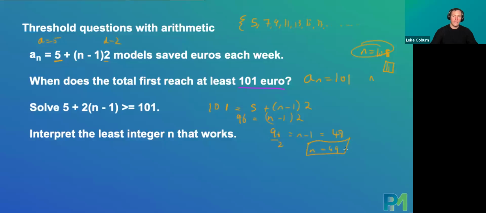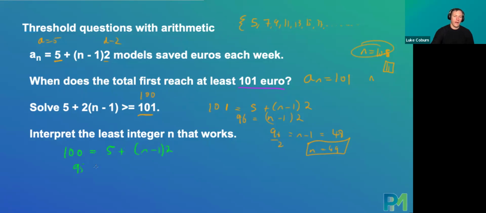So after 49 weeks, we get up to 101. So we can say this is how long we need. Now, if this was 100, let's try it again. Let's say we didn't want €101, we wanted €100. So then 100 is equal to 5 plus N minus 1 times 2.